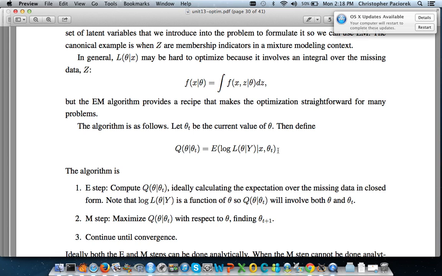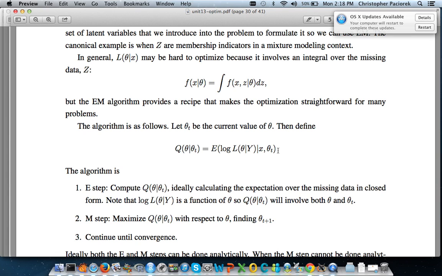So this is my current best soft estimate of the class information for a given observation. I have a soft assignment of classes for the observations. I'm not saying for sure that the ith observation is in the kth class. I'm saying that this is the probability the ith observation is in the kth class.